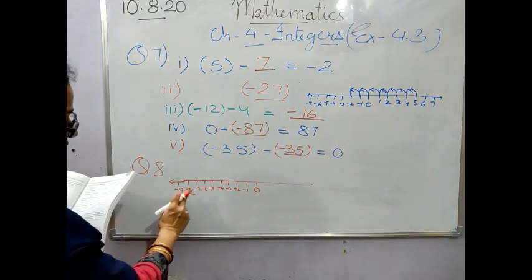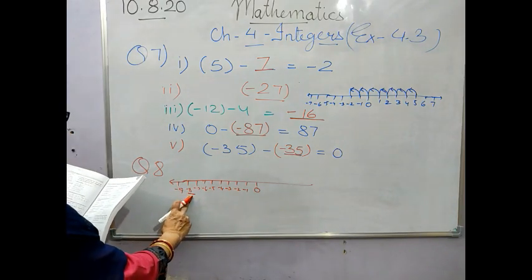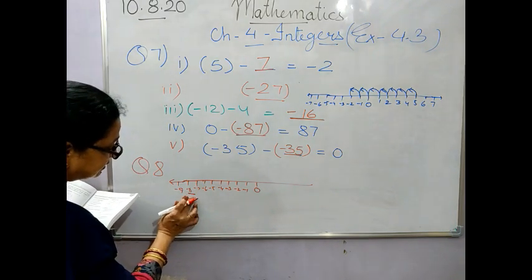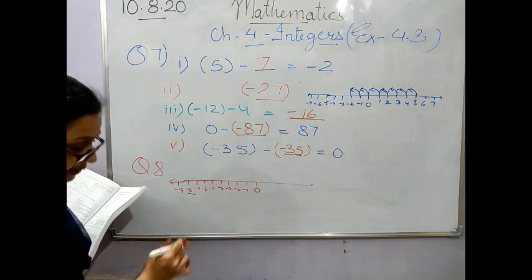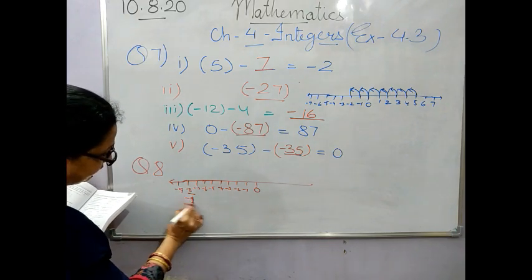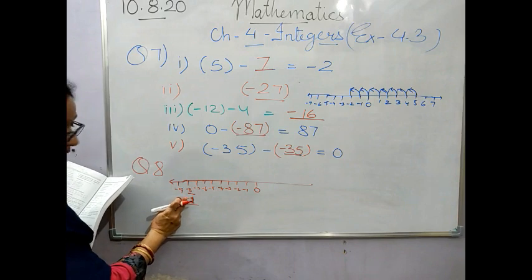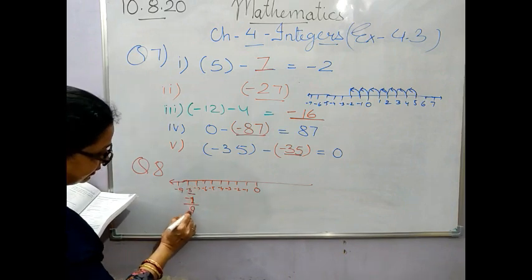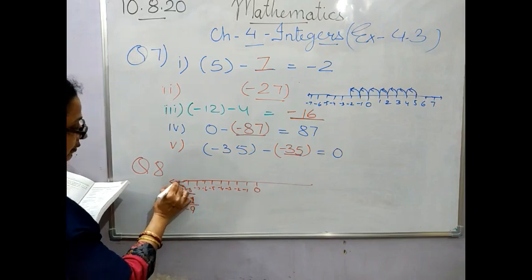What is the predecessor if you subtract 1 from it? Minus 8 minus 1 is minus 8 minus plus 1. Since both the signs are same, we add 8 and 1, 9. So this is your predecessor.